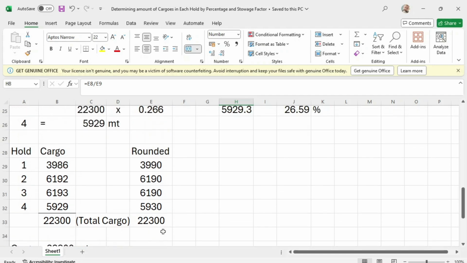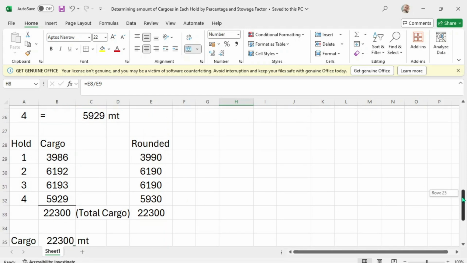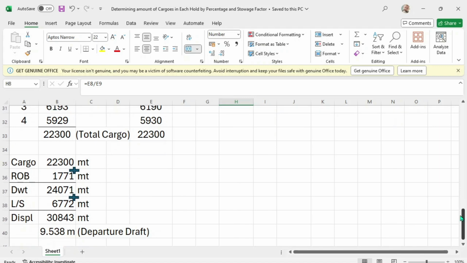Now, assuming this is your total cargo, what will be our departure drop? Okay, departure drop. So this is your total cargo of 22,300.